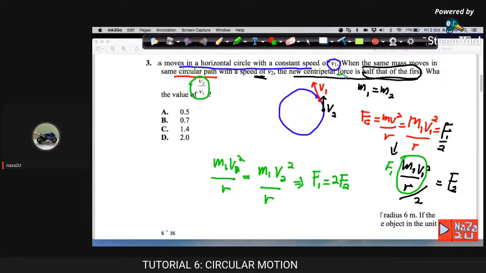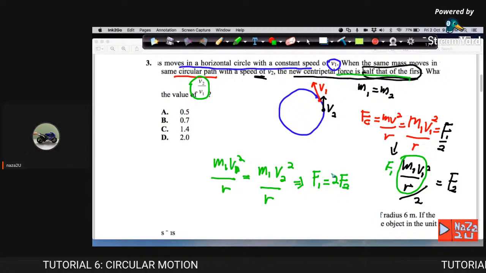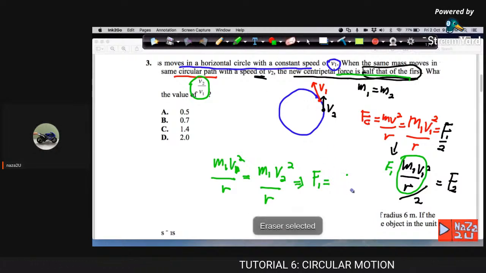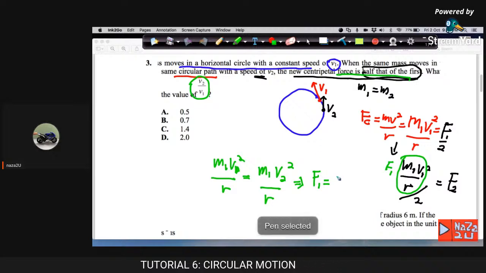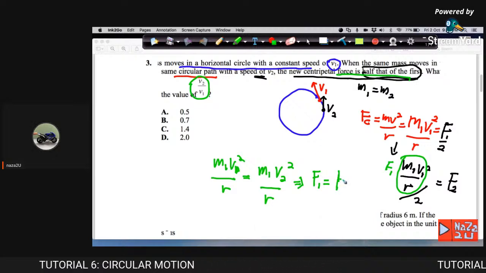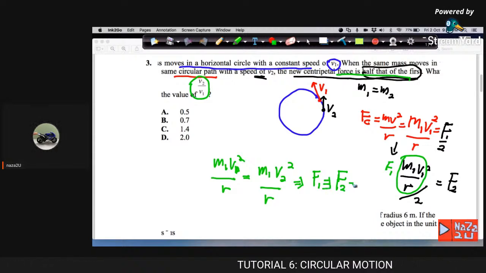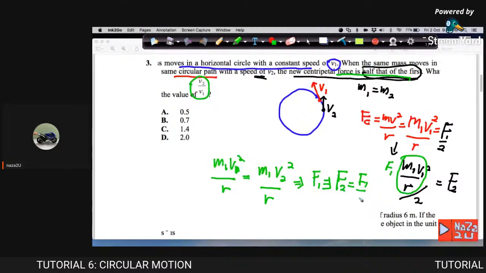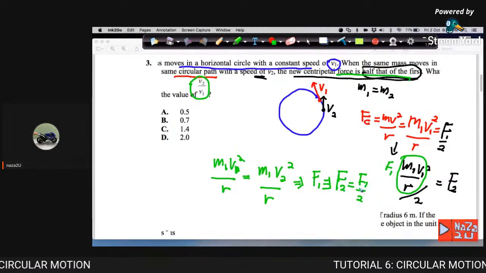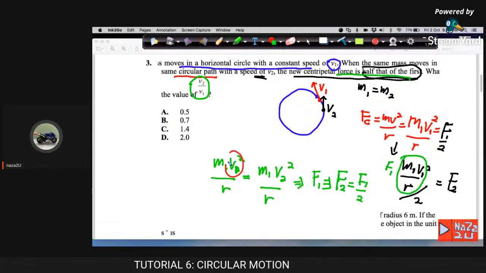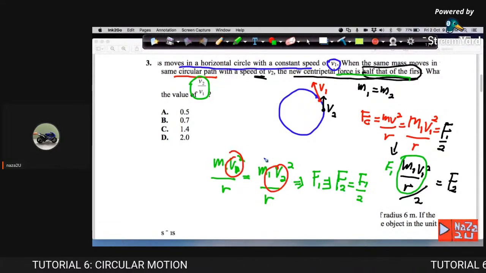No, sorry, the force is half of the first. So this is F2. If you relate here, F2 is equal to half of F1. So here we can use mathematics with V1 and V2.